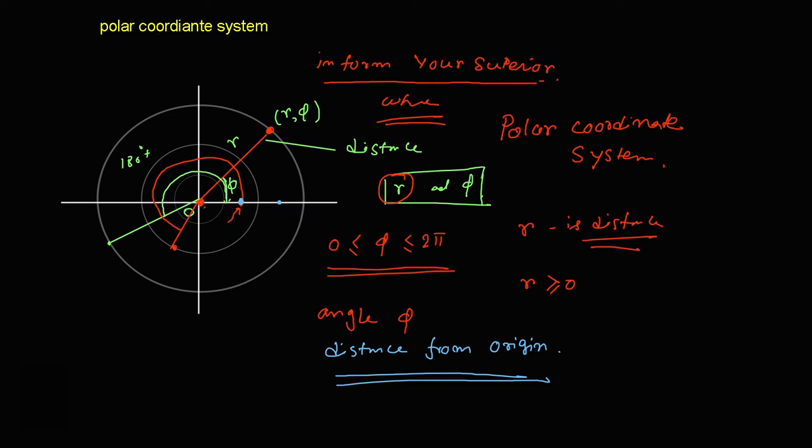You have to take from this line this way and come to the point, the radius, the distance from origin, this line. In vector analysis, we call it the position vector, but we are not calling it position vector now.